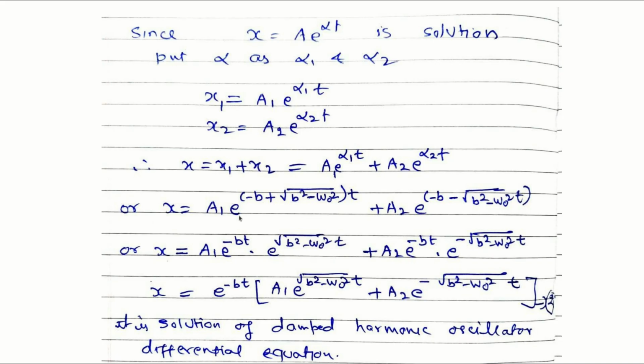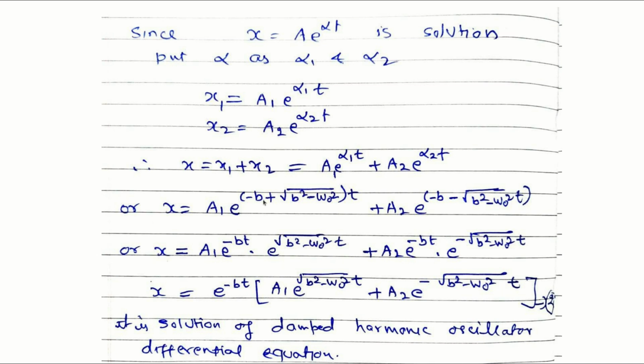So we can apply here the formula e raised to power a plus b. We know that e raised to power a plus b is e raised to power a into e raised to power b. So we can take a1 e raised to power minus bt, because both terms are multiplied with t, into e raised to power under root of b square minus omega naught square into t.